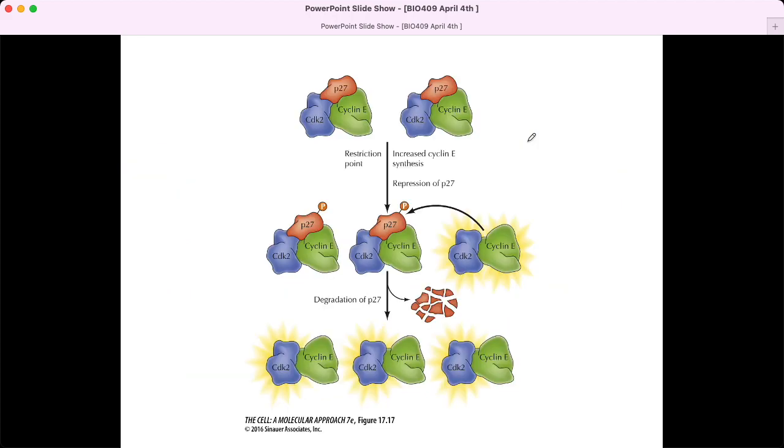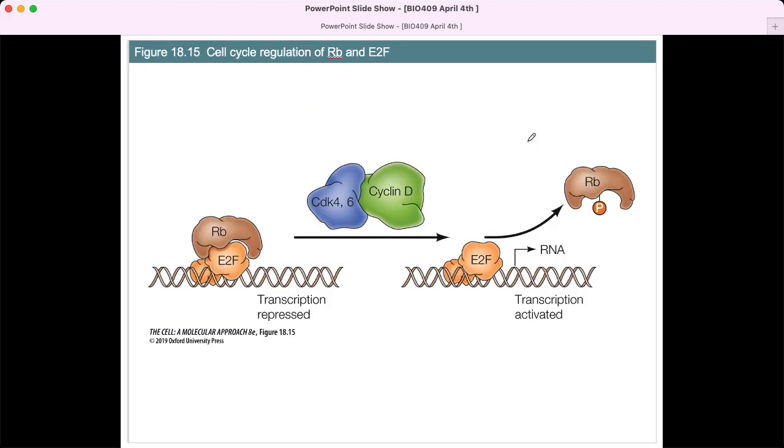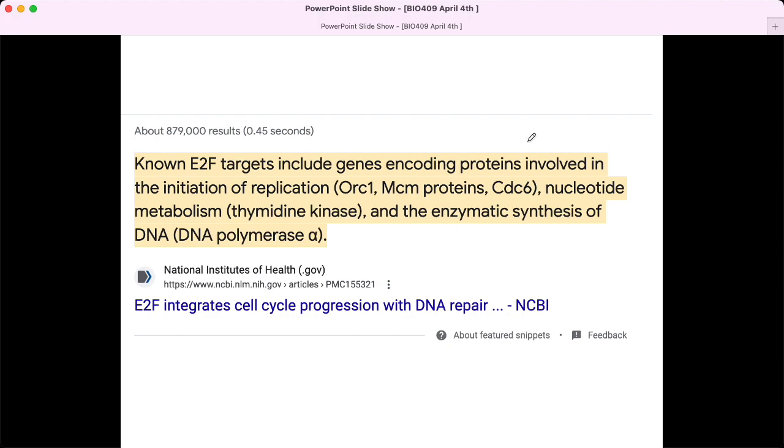The first thing is, okay, it's transcription regulation, and we're so solid on that because we started our course with that, right? So target genes, response genes to that transcription factor, which is E2F. So that's the first thing to say: E2F is going to activate gene expression. And what kind of gene expression?